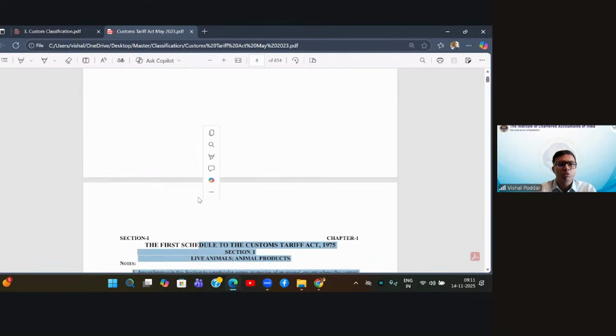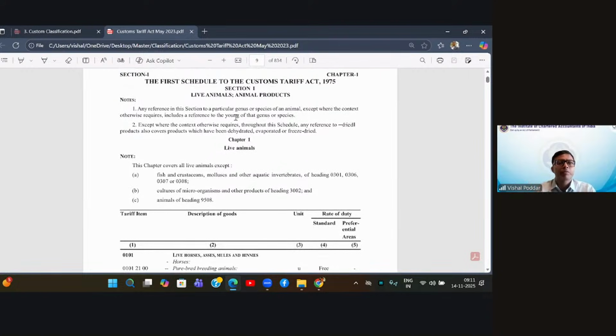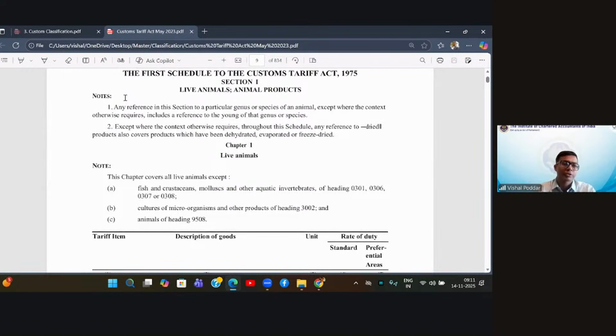Now, where are these notes useful? See, when you want to classify, you want to determine, let us say I have some live animal, but where my live animal will fall, you get the hint from the notes. So what the note says, I'm just reading section notes for your understanding. See what the notes give. It says any reference in this section to a particular genus or species of an animal, except where the context otherwise requires, includes a reference to the young of that genus also.